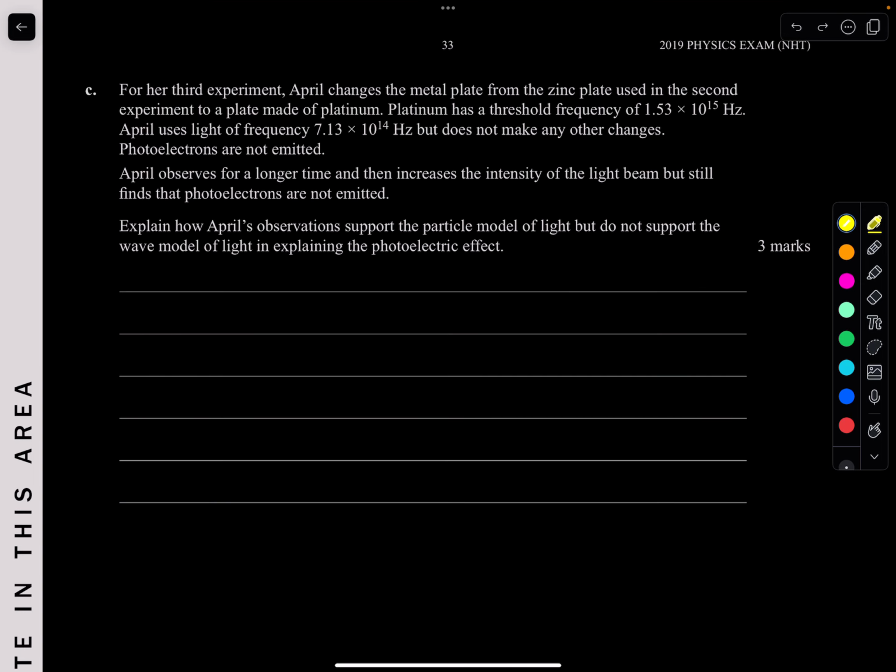April observes for a longer time and then increases the intensity of the light beam, but still finds that photoelectrons are not emitted. So what she believes is the wave model of light. Let me explain what the wave model says.